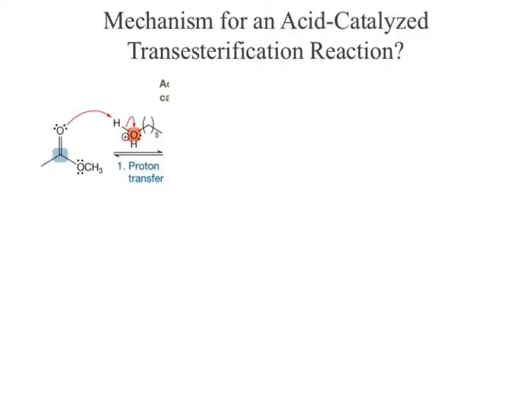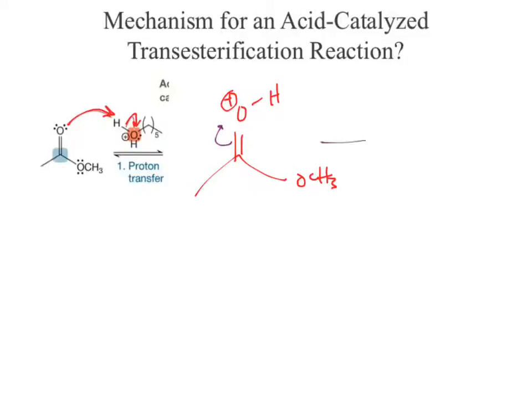This one's being shown under acid conditions. The first step of our acid conditions is going to be to protonate our carbonyl compound with our acid, right? That gives us a very good or a much better electrophile. I know I said I wasn't going to show it. I'm not going to show it all, I promise.